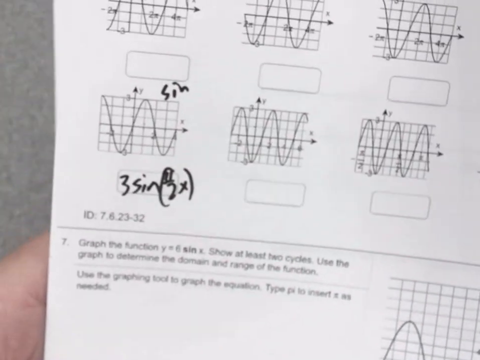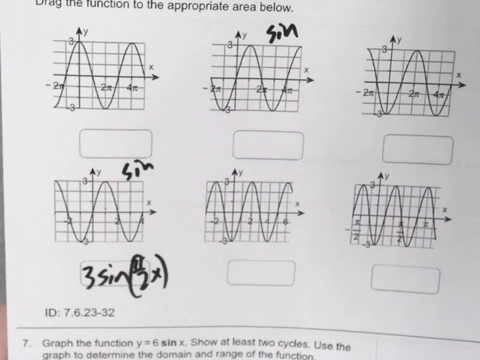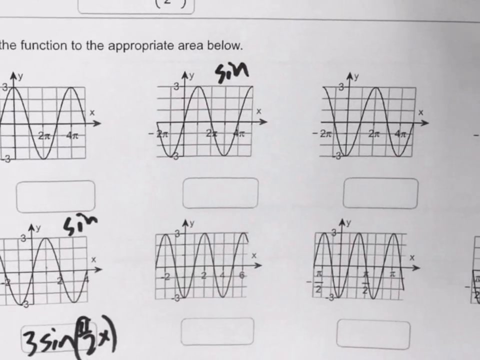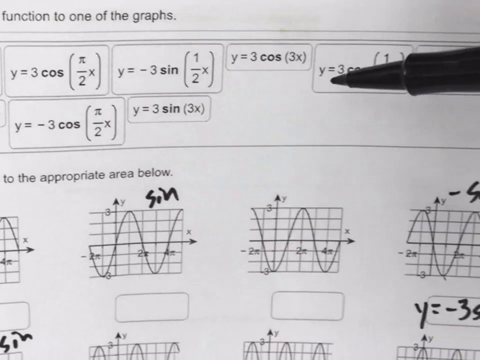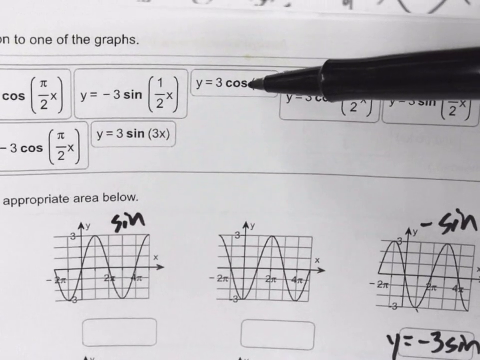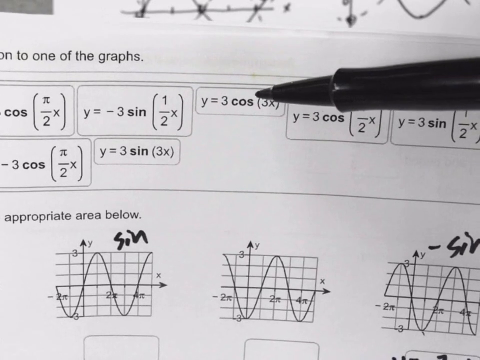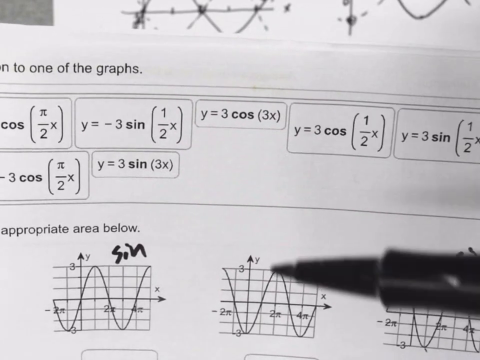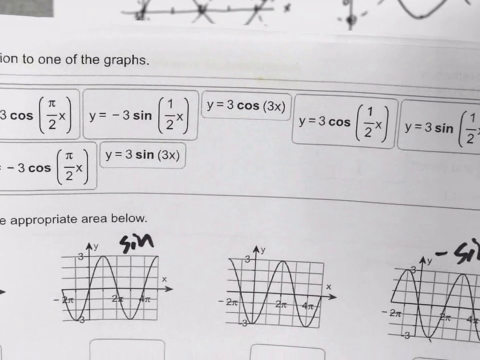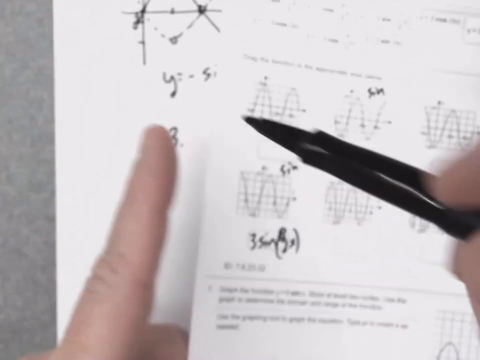Let's do a couple of cosines. How about, let's do, this one's a little different. Y equals 3 cosine 3x. So first of all, I have to figure out which graphs are positive cosine. So positive cosine, at angle 0 the graph has to be high. So here's a positive cosine.